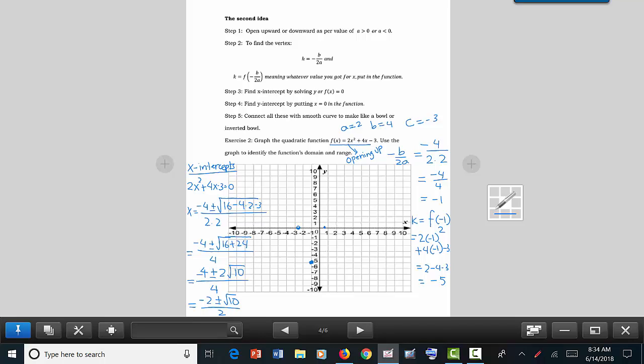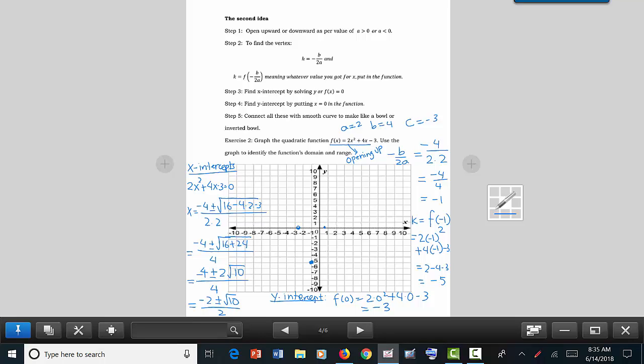Now we have found the x-intercept, the vertex, and whether it opens up or down. The only thing remaining is how to find the y-intercept. To find the y-intercept, put x equals 0 in the equation. F of 0 is 2 times 0 squared plus 4 times 0 minus 3, so everything is gone but negative 3.